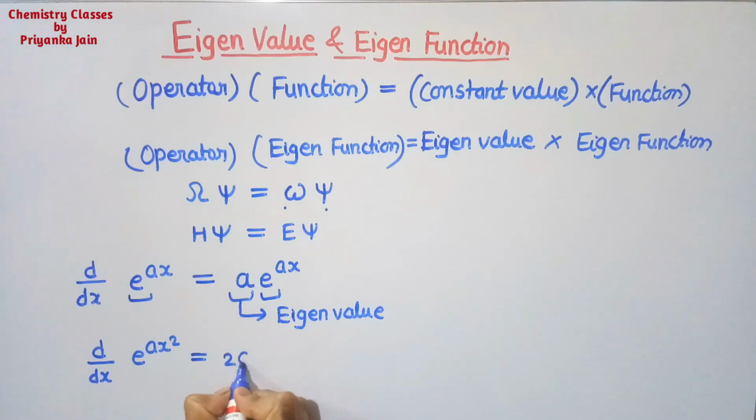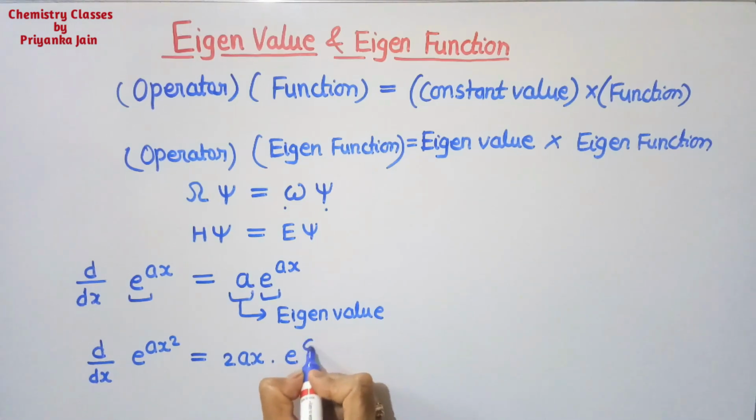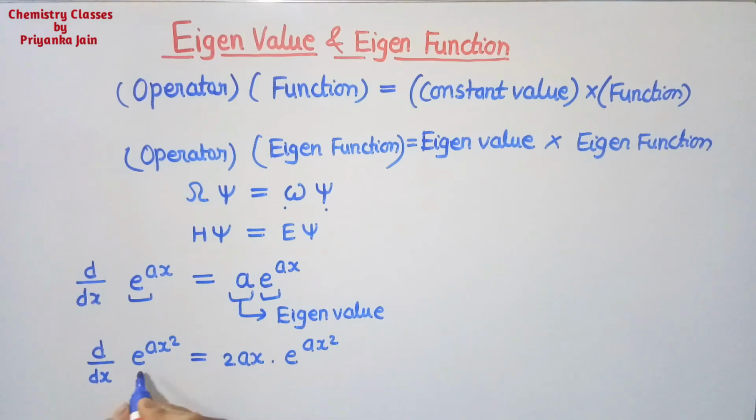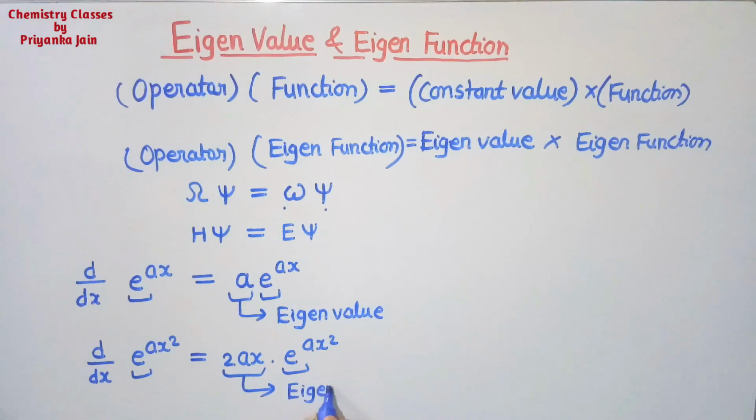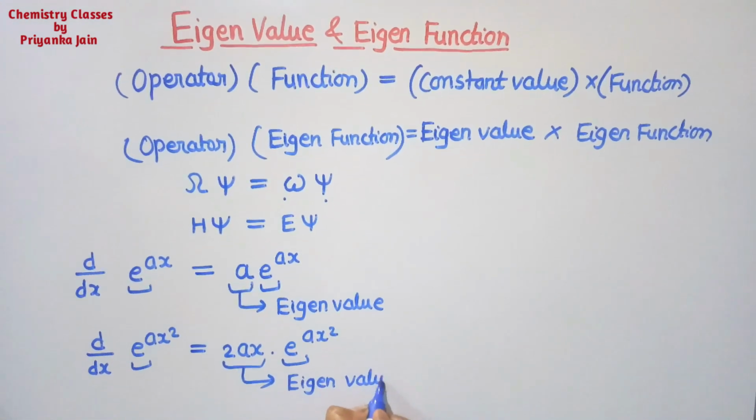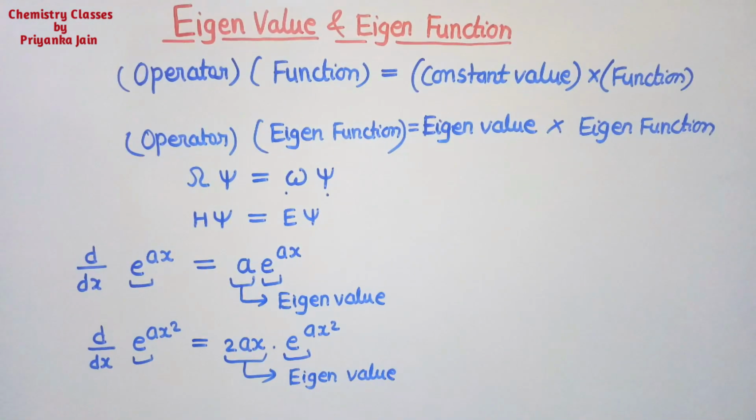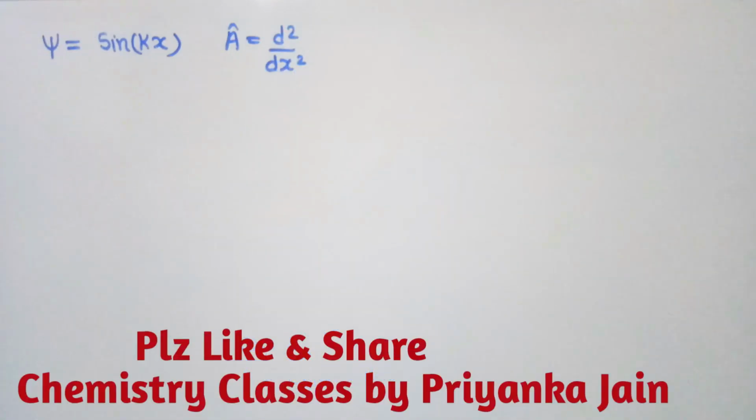So we can write 2ax times e to the power ax square. Are we getting our wave function as it is? Yes, we are, and this is the constant value that we get. So this will be the eigenvalue.